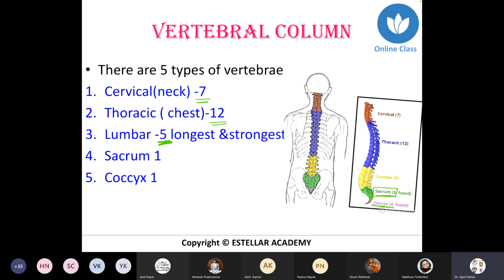Coccyx will be 4. This sacrum 5 and coccyx 4 are in embryo. In adult, the sacrum of 5 is fused to form 1, and coccyx 4 is fused to form 1. So the sacrum will become 1 and coccyx will become 1 in adult. In embryo, they are 5 and 4. Here it is individual. Here it is just 1 together. Point is clear to all? Understood?